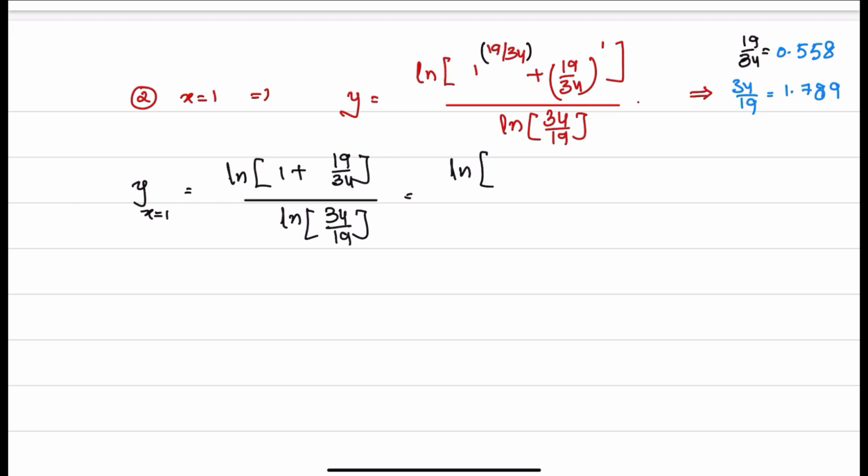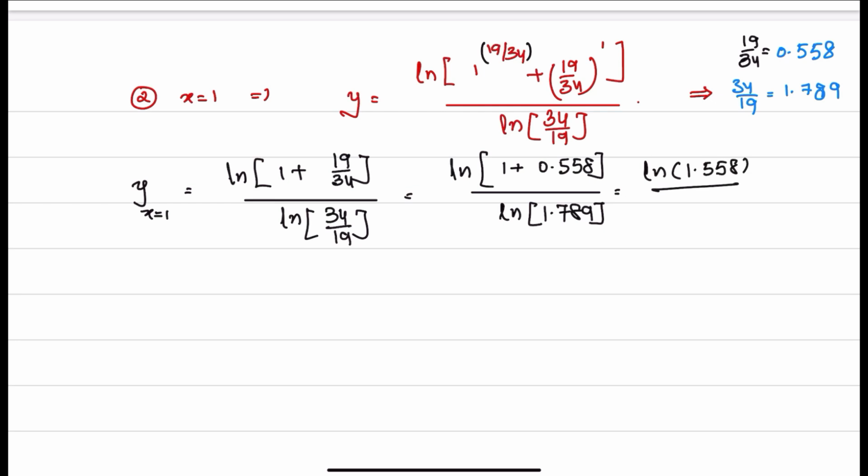Now you see, ln of 1 plus 0.558, divided by ln 1.789, that is equal to ln 1.558 divided by ln 1.789.